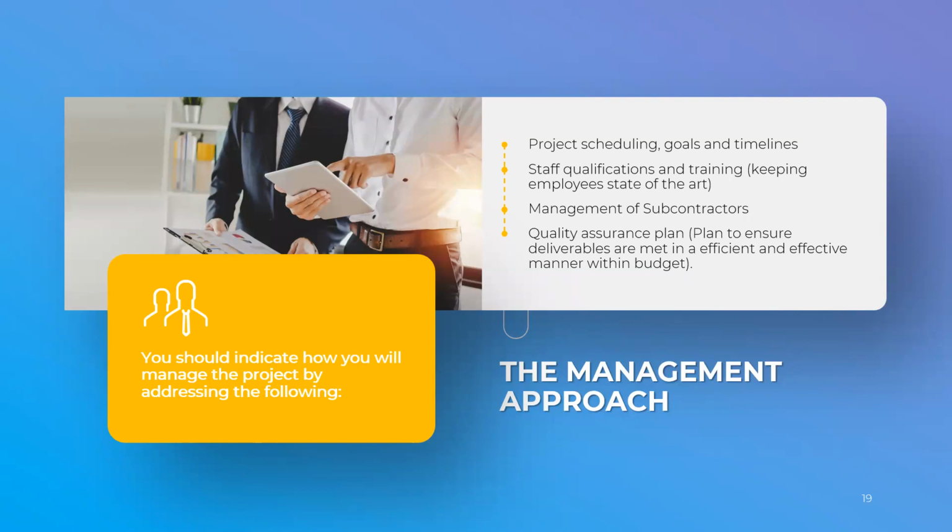All of these things have to work together for good, making sure they're updated regularly, so that if the government awards you, they know what they're getting for the money they're spending on your particular contract. The management approach is imperative to that. Just keep in mind, you should indicate how you will manage the project by these things we've talked about.